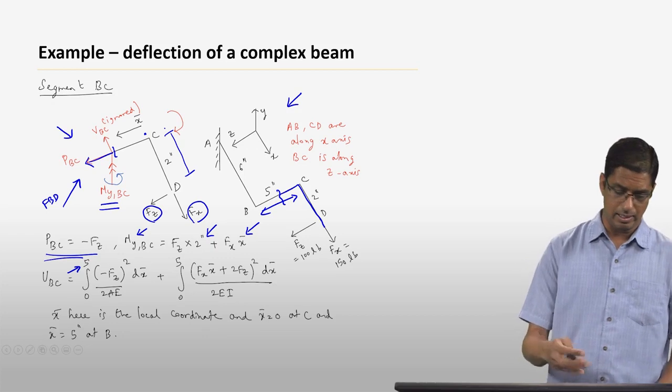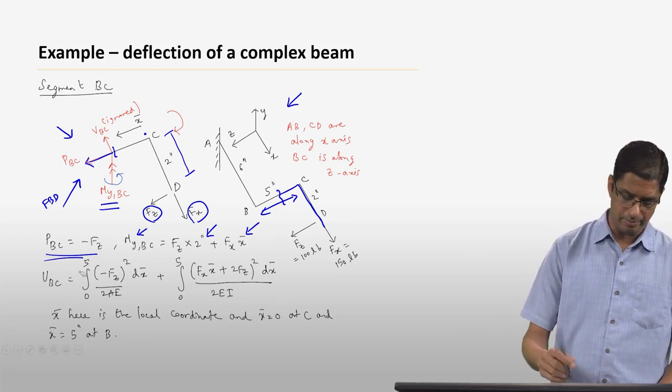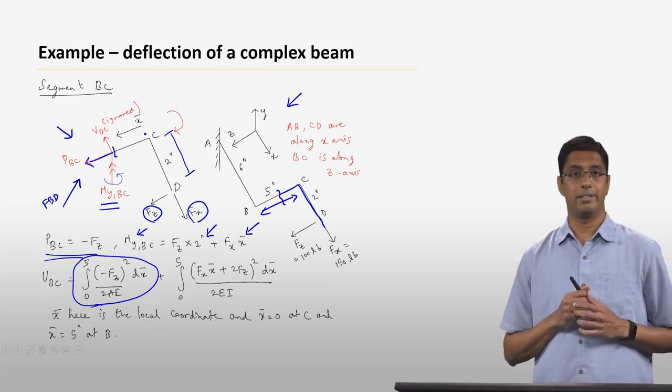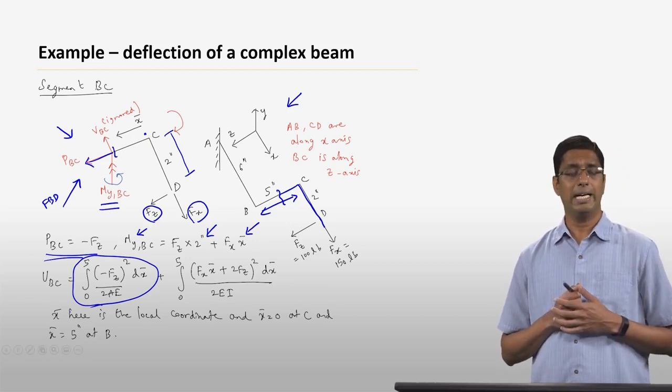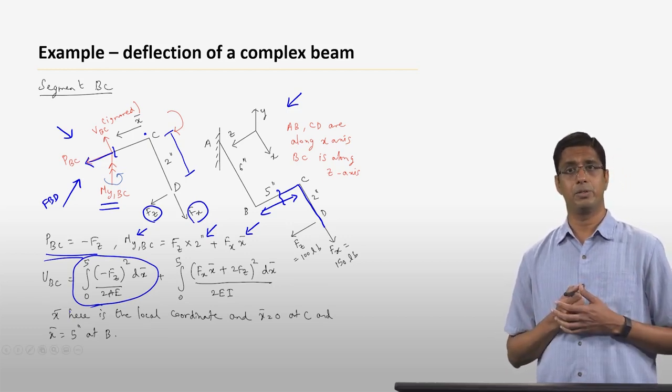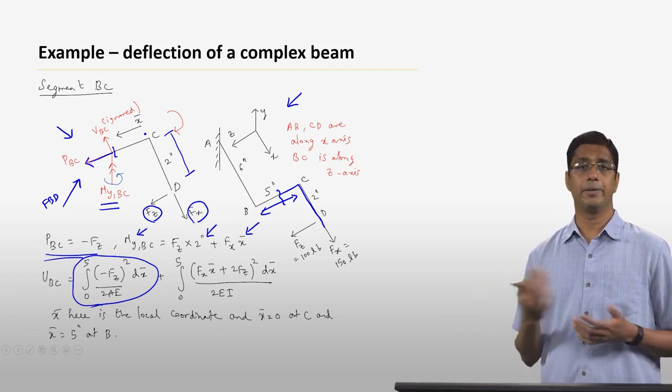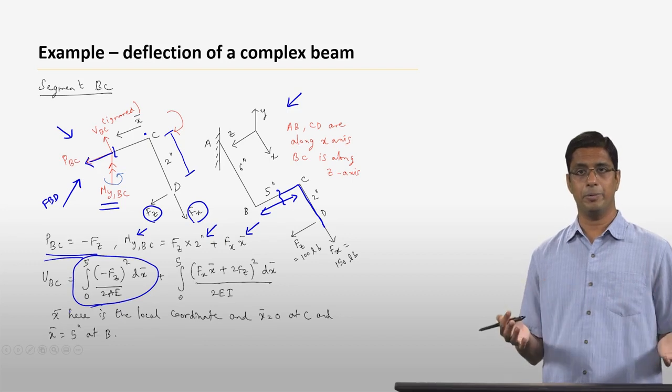For example, the axial energy term in UBC doesn't have an Fx term in it, so the derivative of this integral with respect to Fx is going to be 0. You don't have to worry about that.